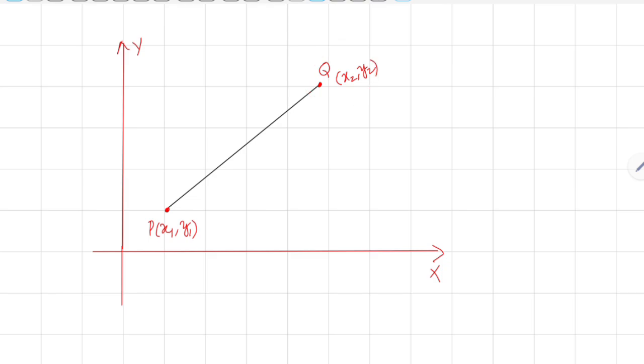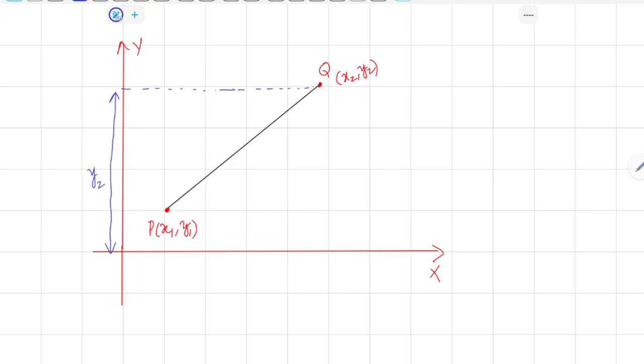Now if you carefully draw perpendiculars from these two points to the y-axis, so let me drop the perpendicular from Q. So I'm dropping a perpendicular from Q towards the y-axis. So this distance will be y2.